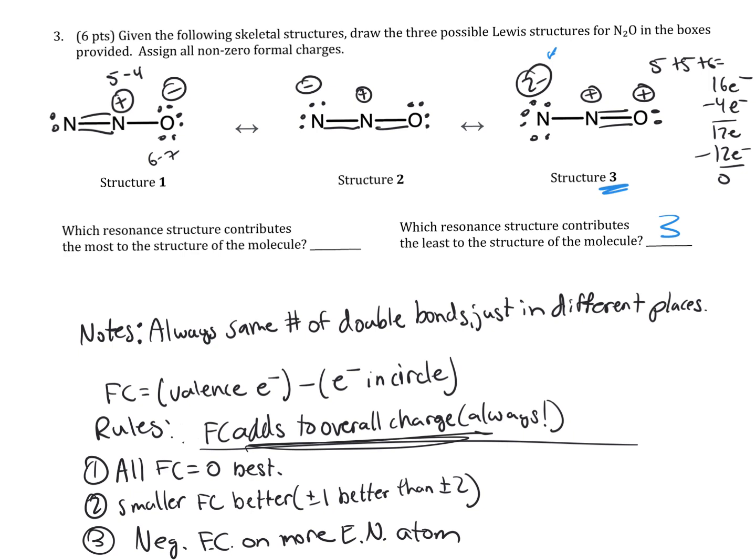So in this case, comparing N to O, the quiz had an electronegativity table on the back of it for you, so you just compare the two. Nitrogen has an electronegativity of 3.0 on that chart. Oxygen has 3.5. So oxygen is more electronegative, and it is going to be the one that should have the negative charge. So that means structure 1 is the best.